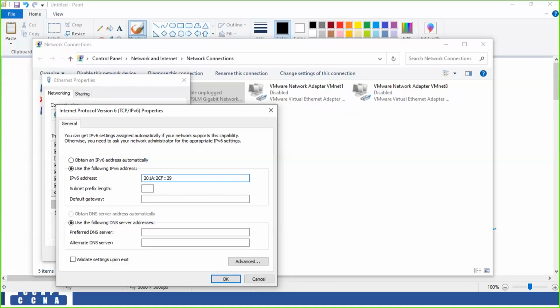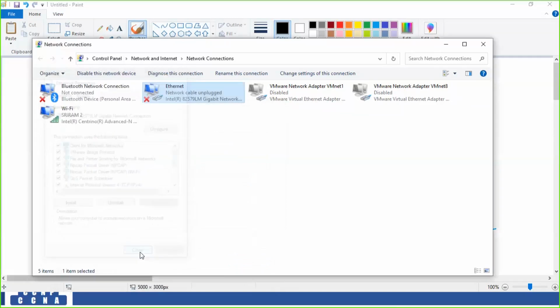And on the next line, subnet prefix length is 64. So my machine can understand that 64 bits are network bits. Got it?